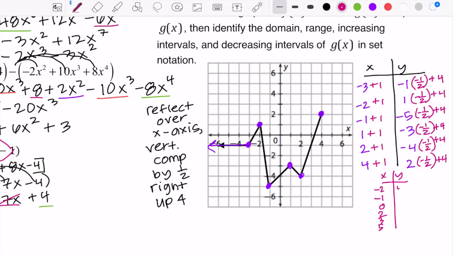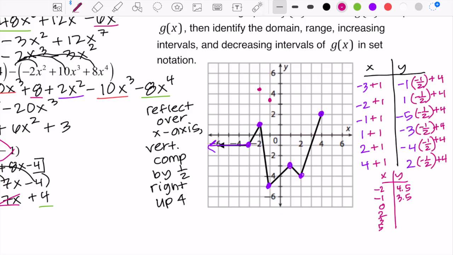So this is just going to be 4.5. So -2, 4.5. Then I have 1 times -1/2, which is -0.5 plus 4, so that's 3.5. -1, and then it's still positive 3.5.